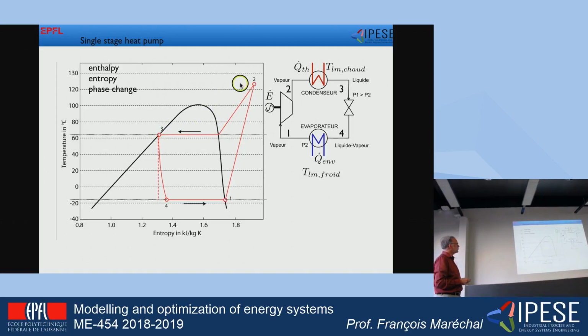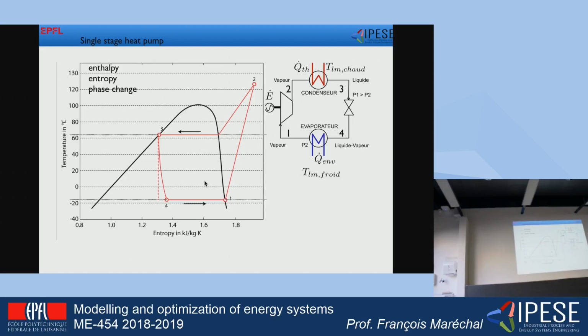The point 2 is the outlet of the compressor, the point 3 is the outlet of the condenser, the point 4 is after the expansion in the valve at another pressure, and the point 1 is the saturated vapor that enters the compressor. So my goal is to be able to make the calculations of all those points.